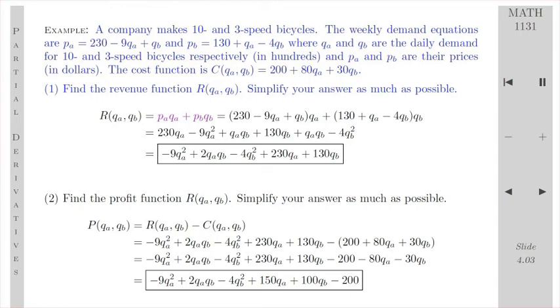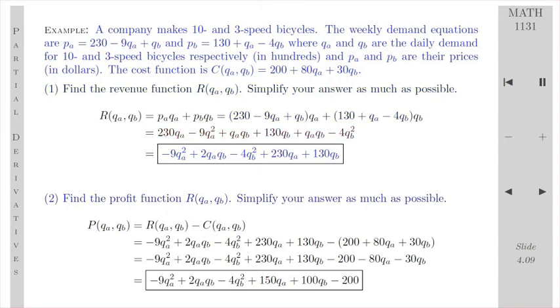Substitute from the given demand equations for PA and for PB. This gives me an expression. Now I'm going to simplify this. This is just basic algebra, so I won't go through the details. Do the multiplications, distribute the QA and QB, and then combine like terms. That gives me the expression for the revenue.